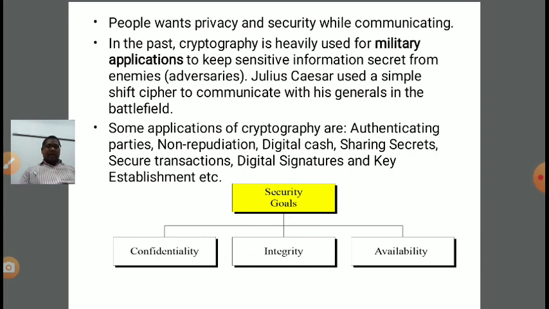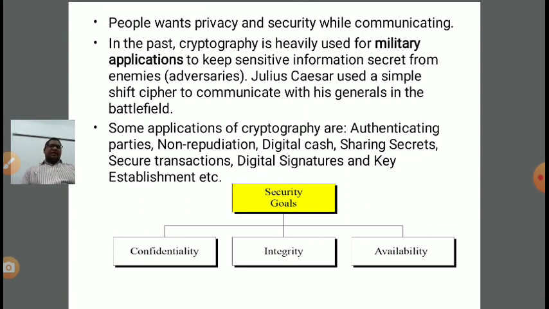The intended sender and intended receiver should be able to access the information in a secure manner. So this is the availability security goal.